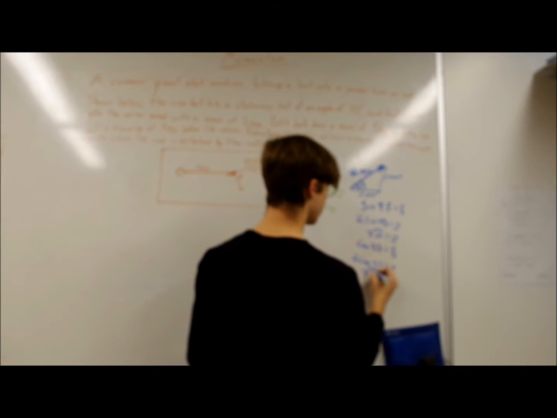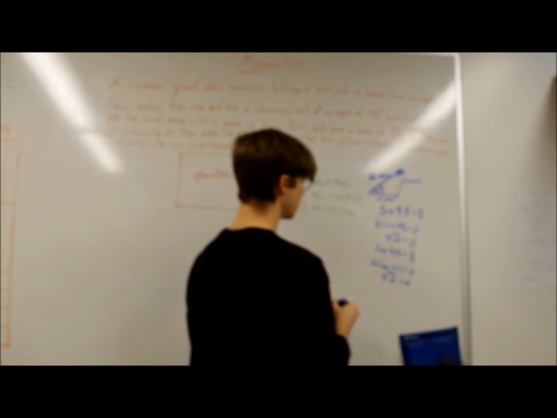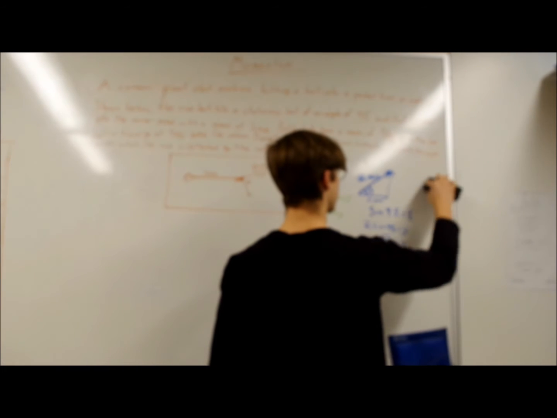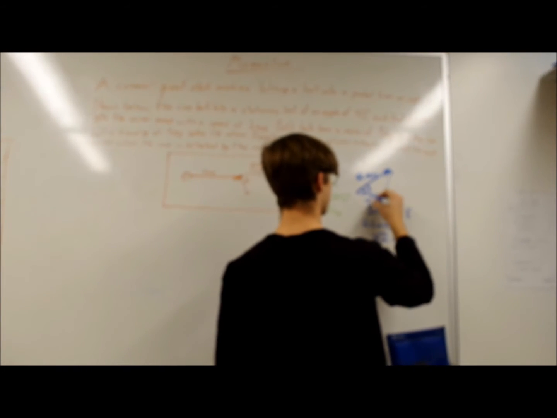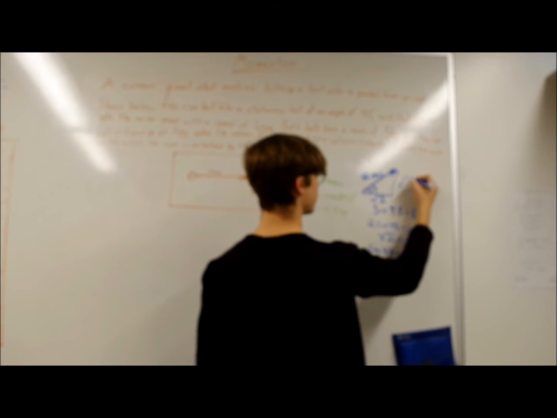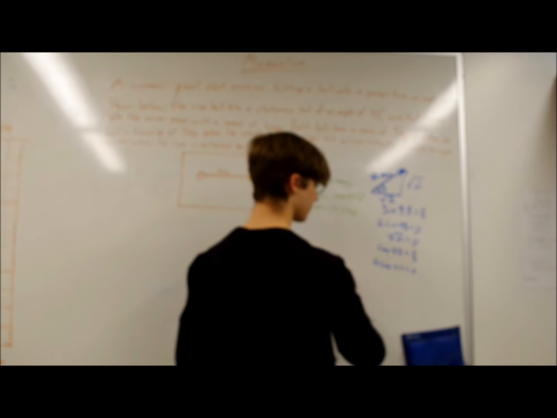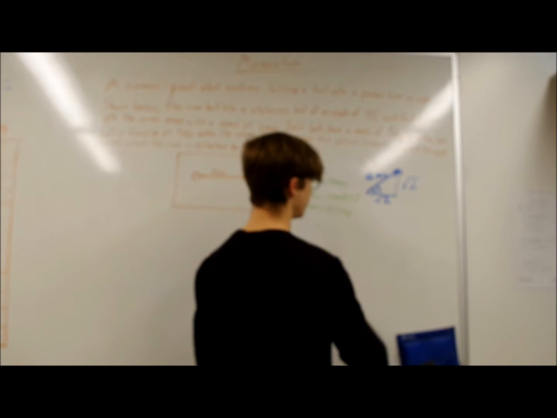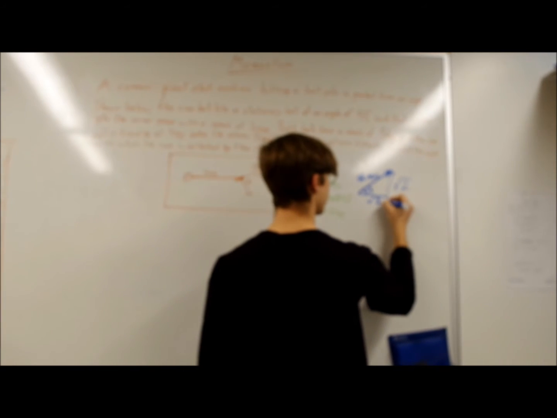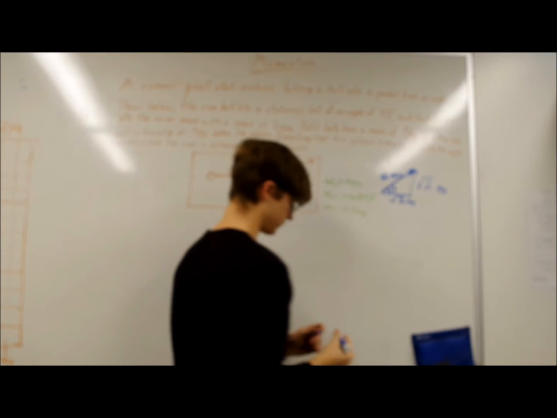We get the square root of 2 equals x. So we can go ahead and say that this is the square root of 2. That is also the square root of 2. The units of these are the same as this, meters per second, because it is velocity.